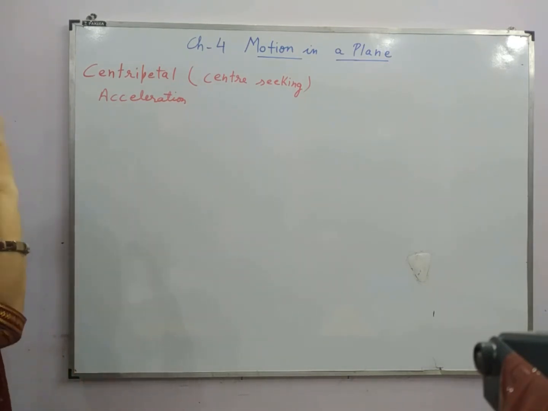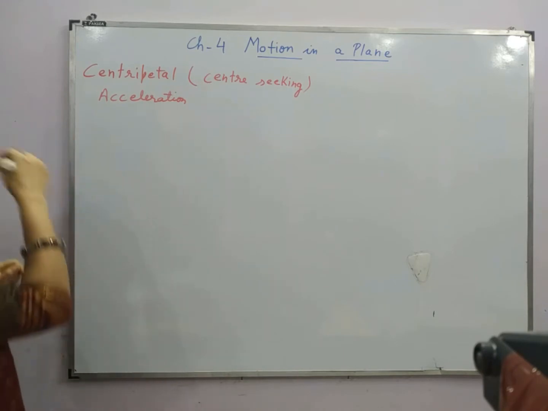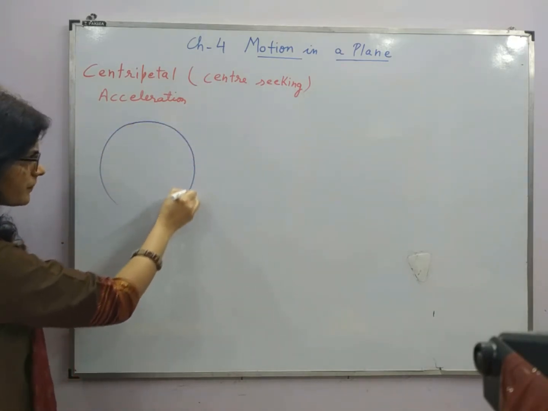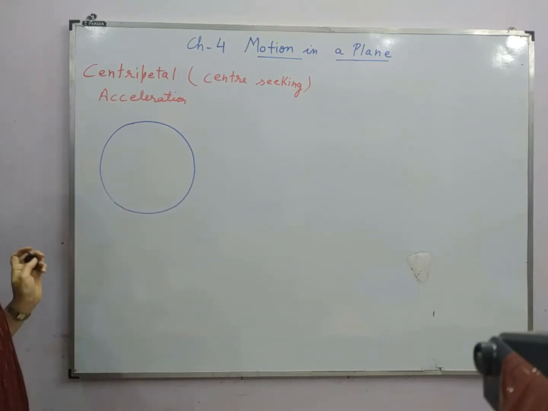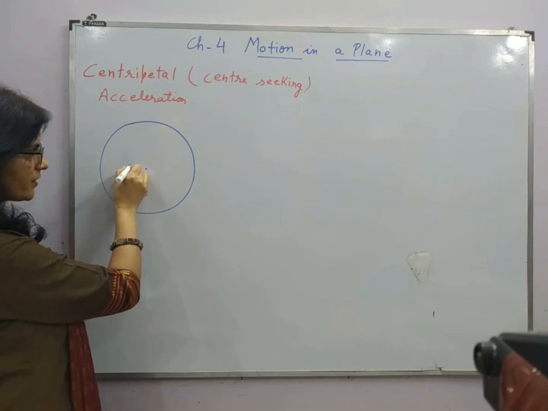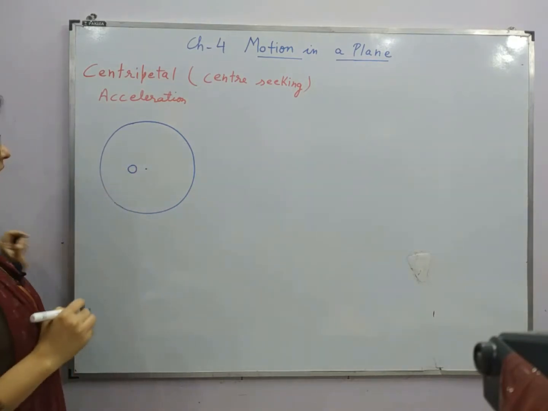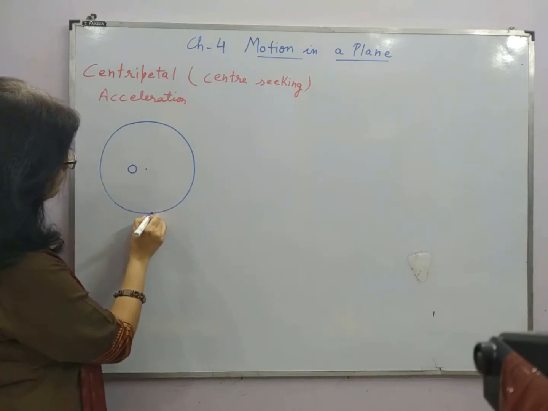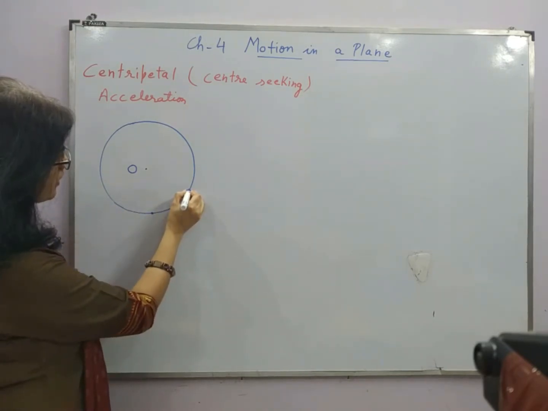Now, for understanding the meaning and the formula for centripetal acceleration, we need to draw this circular path. Let's take this as the center. Let's take any two points during its circular motion, this and this.